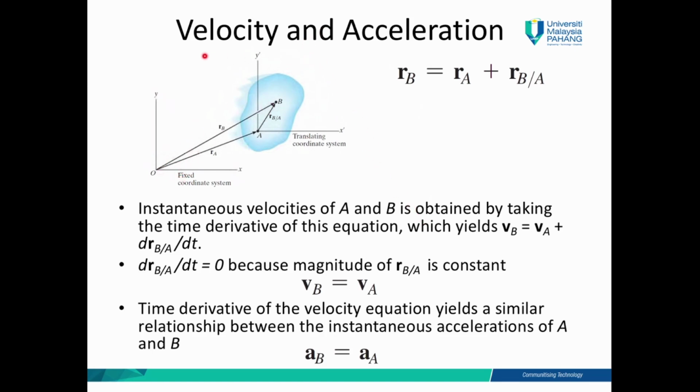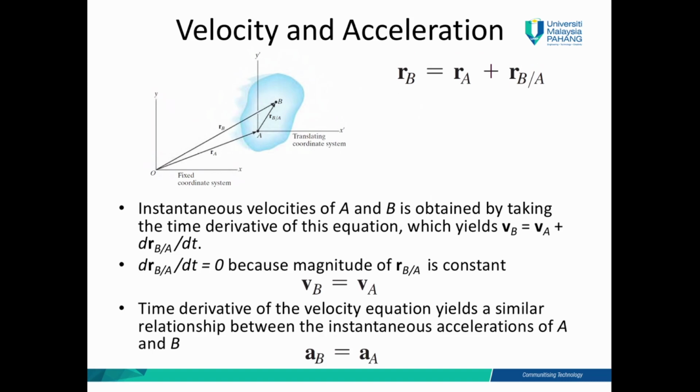So if we want to measure the velocity of this movement of R_B and R_A, what do you need to do? Well, of course, we can take the derivative of this equation with respect to time. So what will happen if you take the derivative?